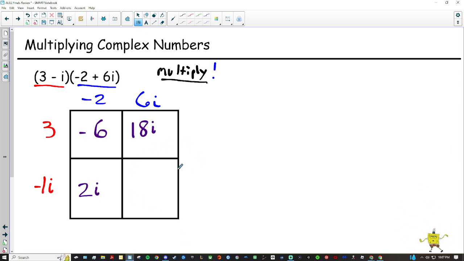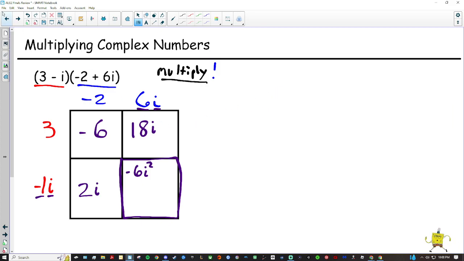Last box is the hardest box. Okay, this box is the trickiest one. And that's because I have -1i times another 6i. So let's first multiply my front numbers. -1 times 6 is -6. Now, when I multiply i and i together, I get i squared.